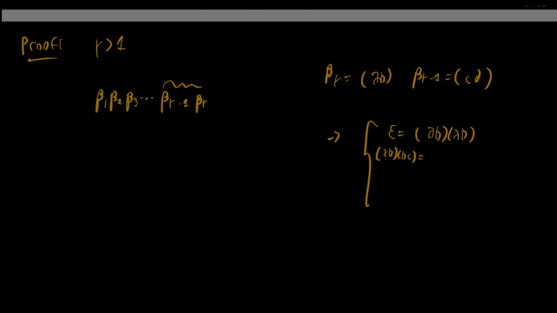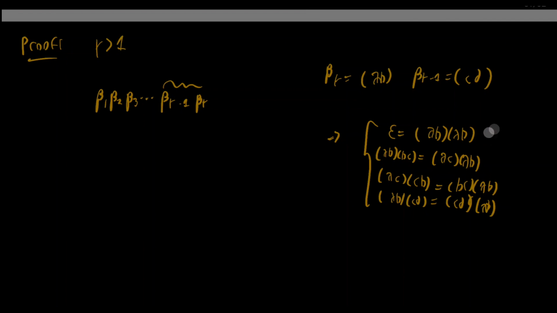But by the products of cycles, (A B)(B C) is also equal to (A C)(A B). Or alternatively, it could be (A C)(C B) or (A B)(C D). But again, by the products of cycles, these two are also equivalent to (B C)(A B) and (C D)(A B). We have now covered all possible combinations that we can have of these two elements. And in this case, we will obtain a product of R minus 2 cycles. And thus, by proceeding by induction, we will get that R minus 2 is even.